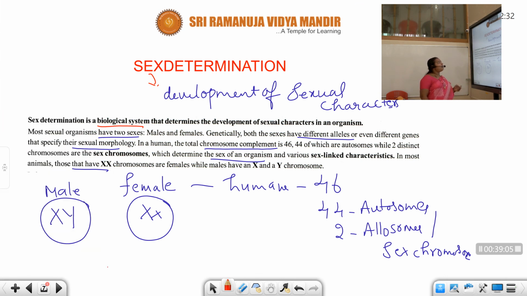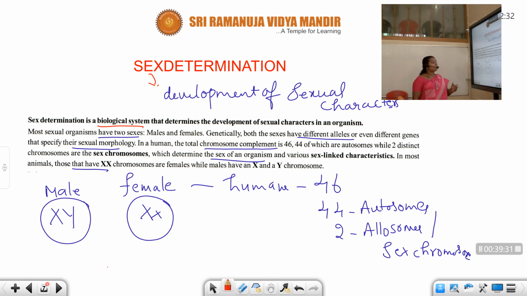Sex determination is a biological system that determines the development of sexual characters in an organism. So here in humans we have 46 chromosomes. Out of 46, 44 are autosomes, whereas the remaining 2 are allosomes. Allosomes are also known as sex chromosomes.